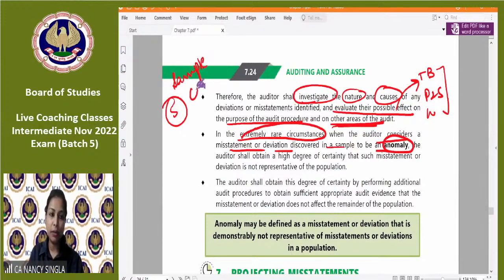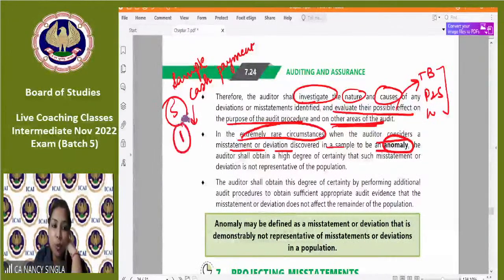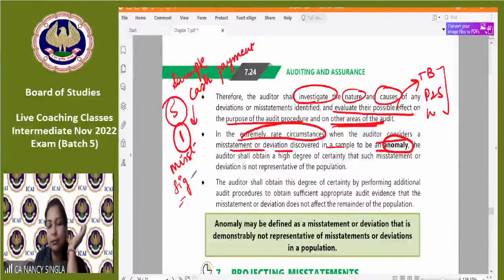Listen to me. I'll not repeat because we have very less time left. 5 cash payments as sample to check the cash payments. Okay? And he realized that out of this, in one item, there is a misstatement. That is, there are no signatures on it. Bas cash voucher hai of rupees. Let's say the amount is correct, but it is not signed.